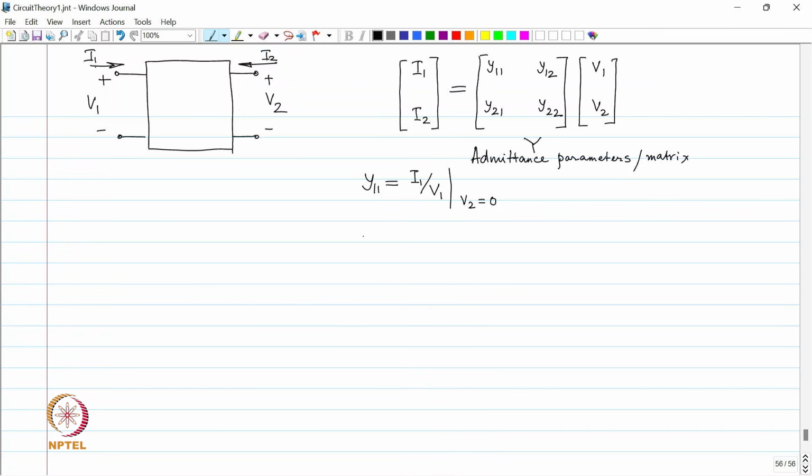Fine. And y 2 1 is I 2 by V 1 when V 2 is equal to 0. V 2 is equal to 0 means what? Port 2 is a short circuit. So, both of these measurements, I am going to apply a 1 volt voltage source when port 2 is a short circuit.